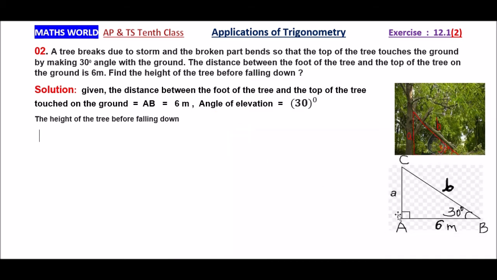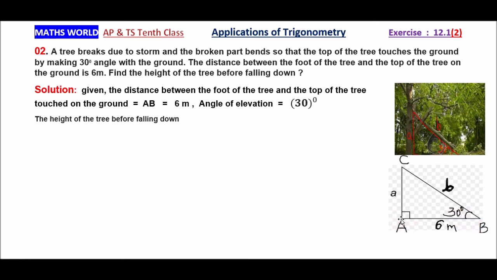Now you see this image, triangle image, easily you can understand. This is tree. A is foot of the tree. The tree is broken here at C. The top of the tree, B touches on the ground here, and it is making an angle of elevation with the ground is 30 degrees.